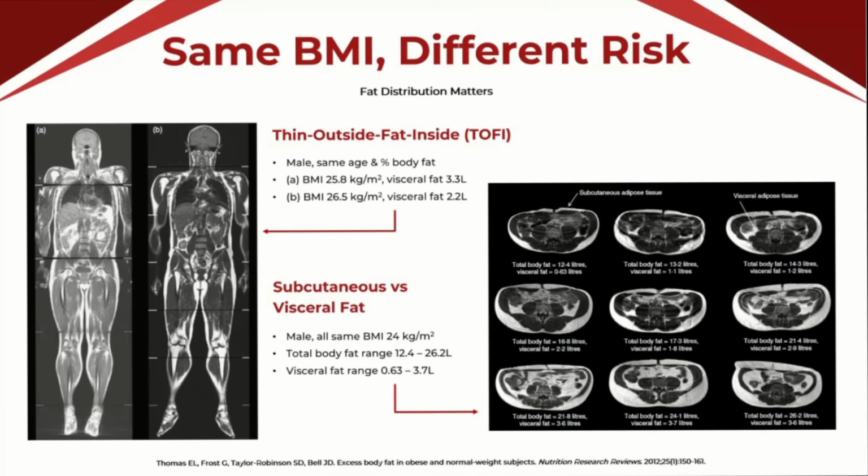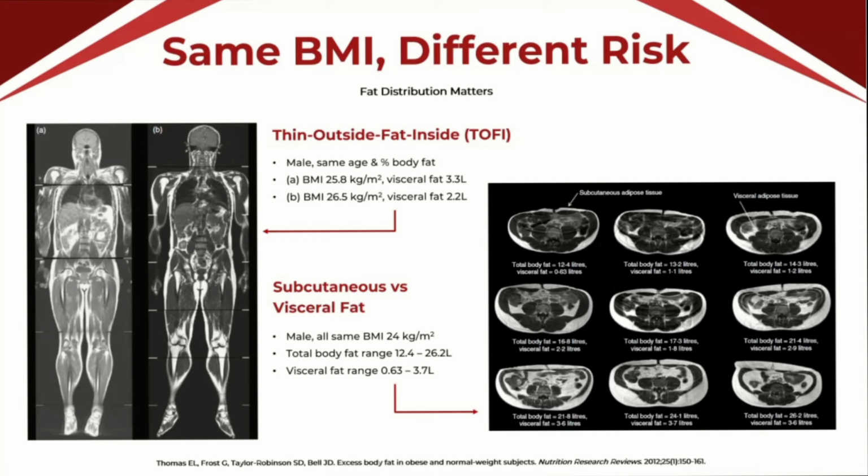But within body fat percentage, the visceral fat content is the one that's important. So with a similar body fat percentage, the visceral fat content may differ from one individual to another. And this is reported as visceral adipose tissue or VAT.